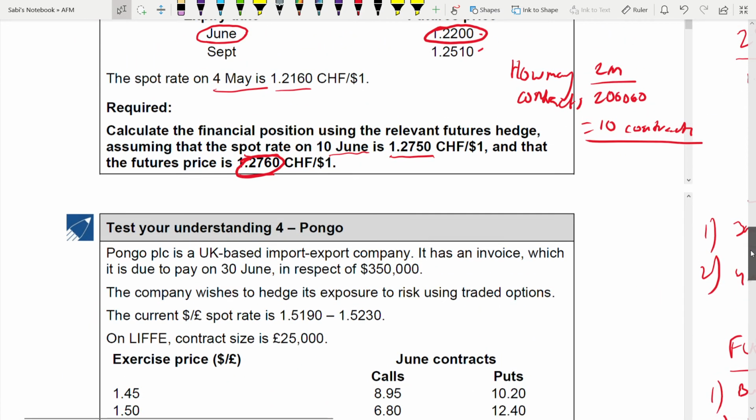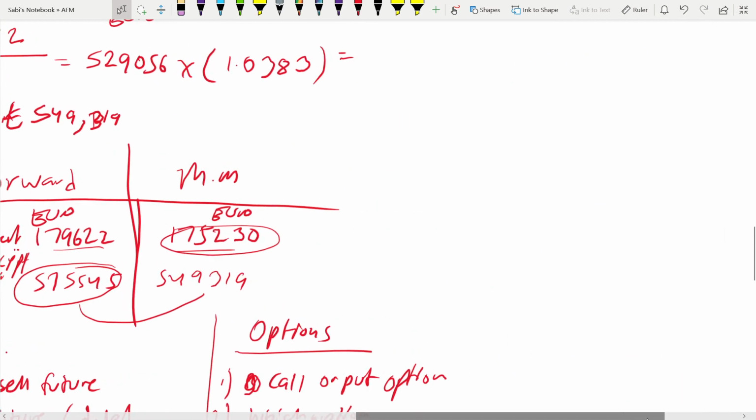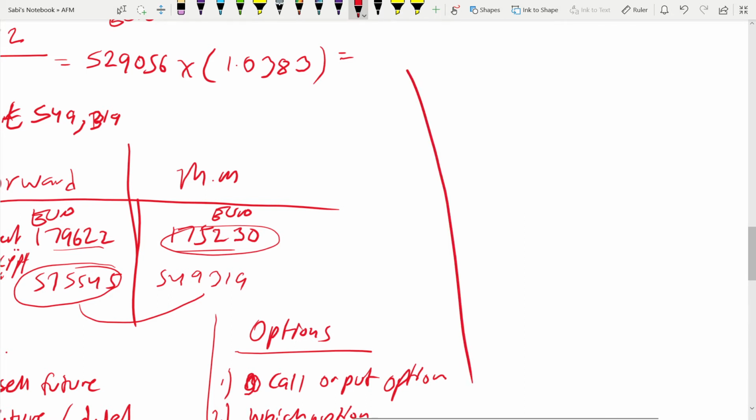So it's 1.276. Okay, let us go here and do it. It doesn't matter. So initially you sell at the opening future price, sell at 1.2200.